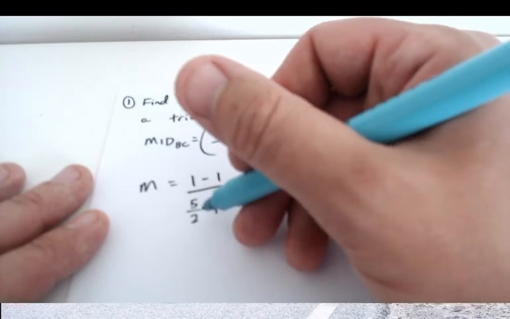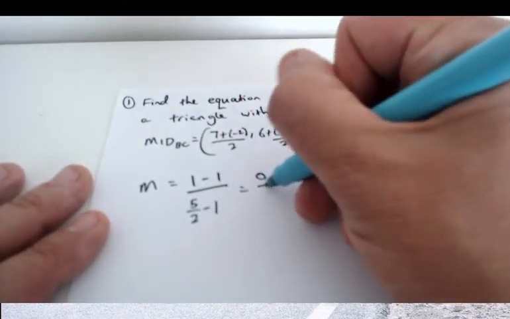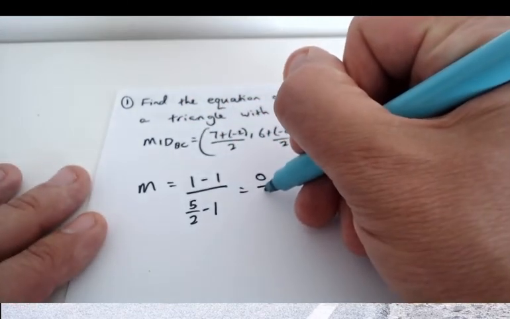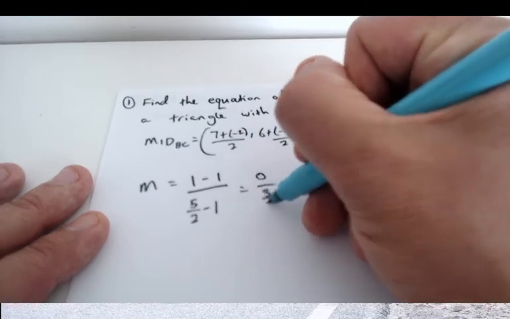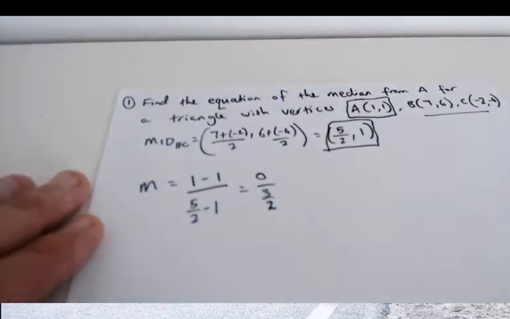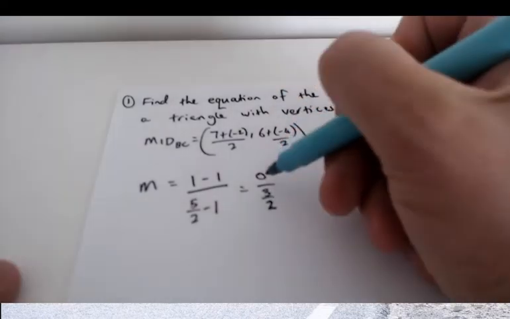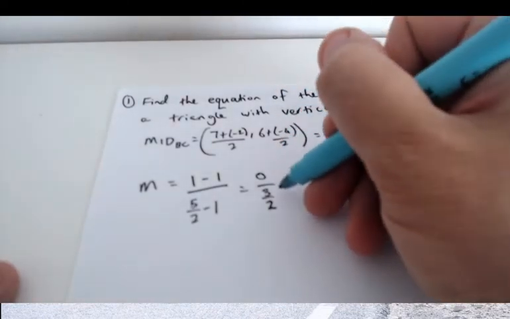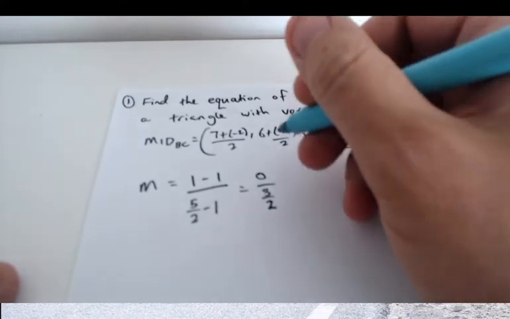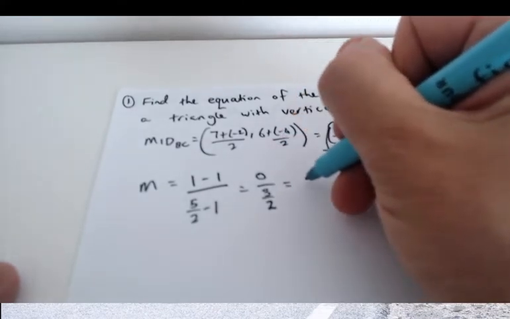Well, 2.5 take away a whole will give me 1 and a half, and 1.5 is 3 over 2. Now, I hope you've not got distracted. It's 0 divided by, it doesn't matter what we're dividing it by, it's 0 divided by it, so the answer will be 0.